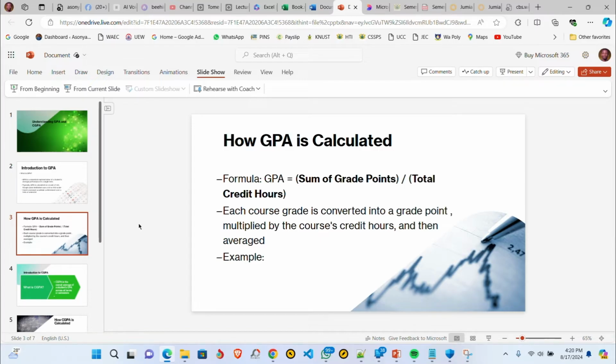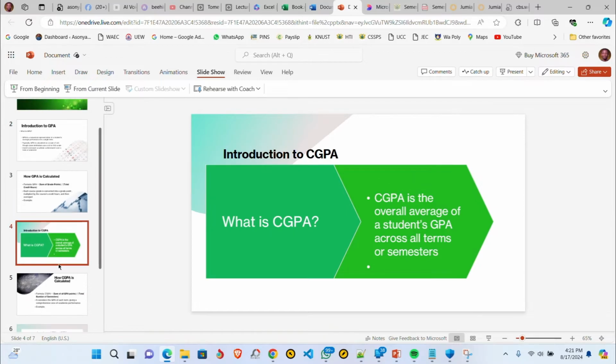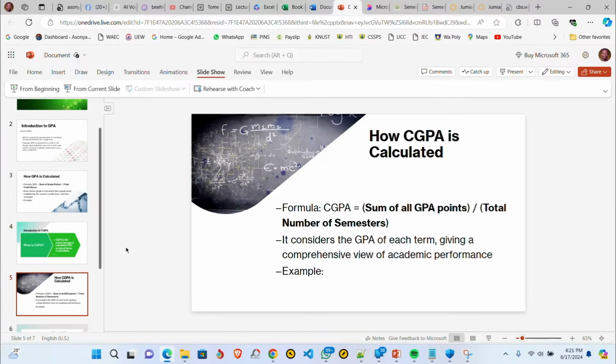You sum the grade points together and then divide by the credit hours to get the GPA. Now the CGPA is the overall average of your GPAs, divided by the number of semesters that you have done, and that one is usually calculated this way.